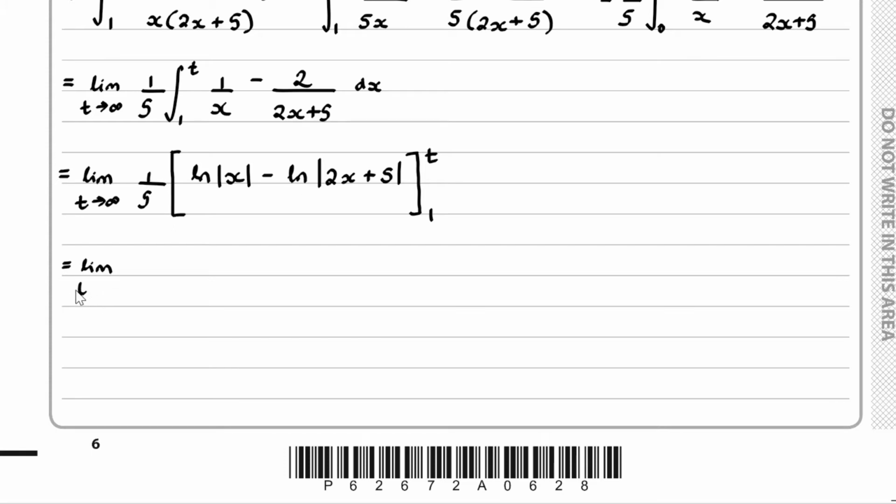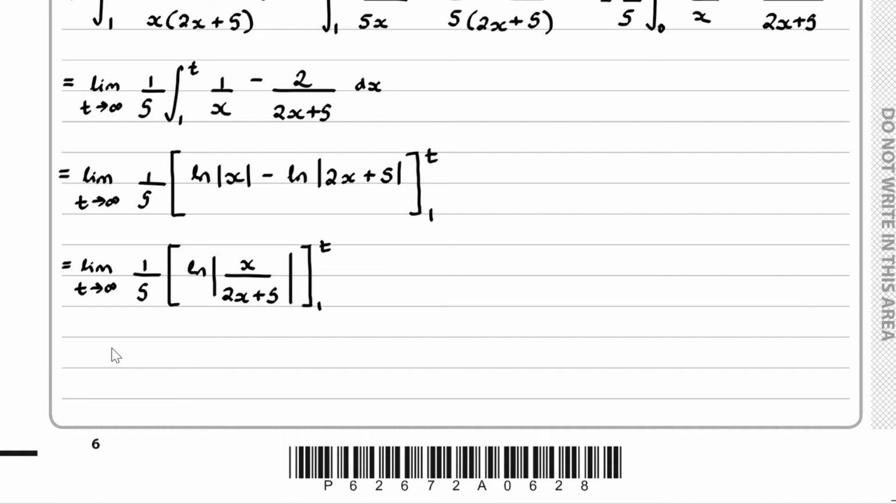So we've got the limit as t tends towards infinity of 1 over 5 multiplied by this result over here, so we've got the natural log of the mod of x over 2x plus 5. And then we wish to evaluate this in between 1 and t.